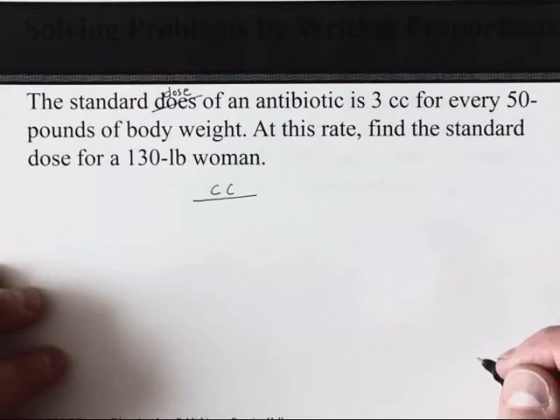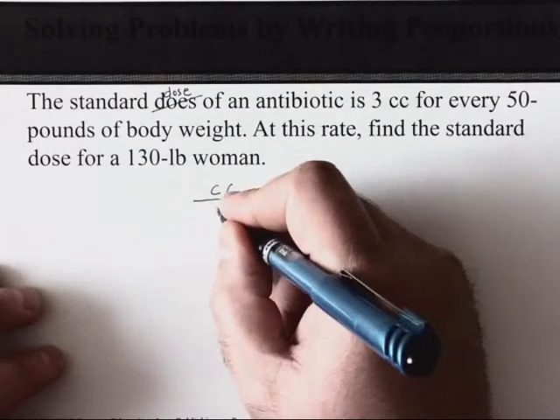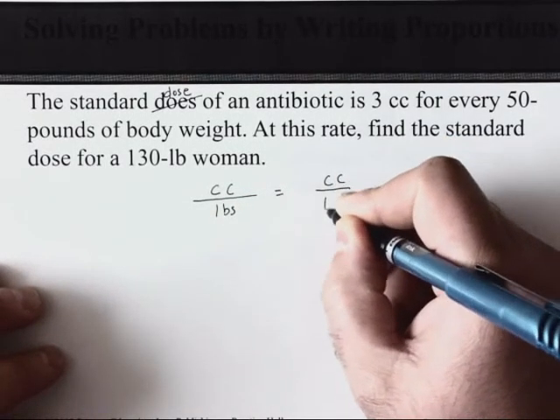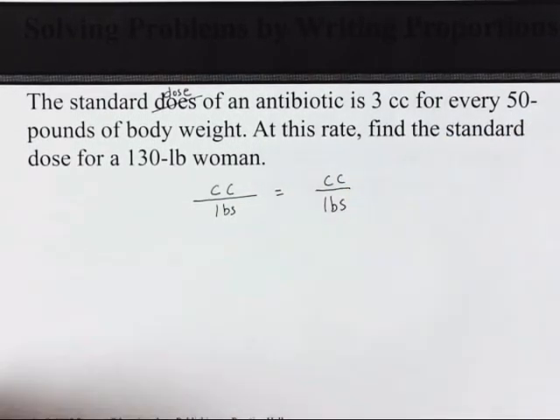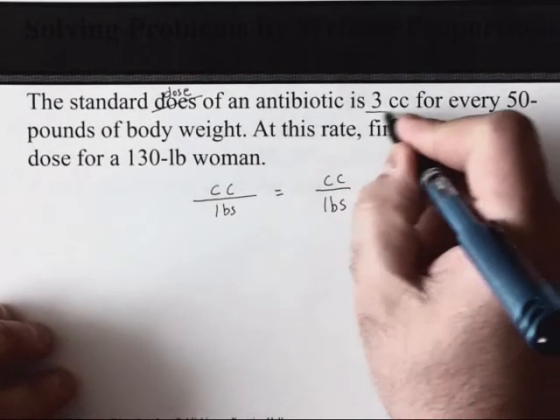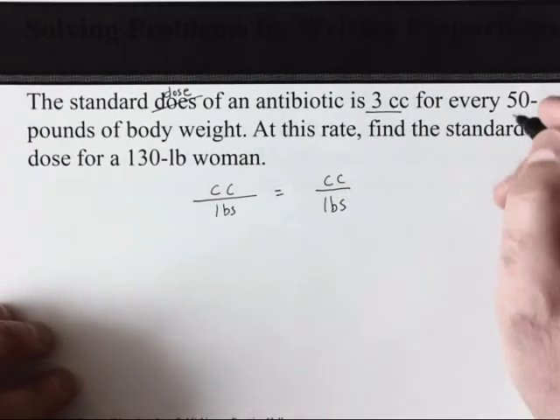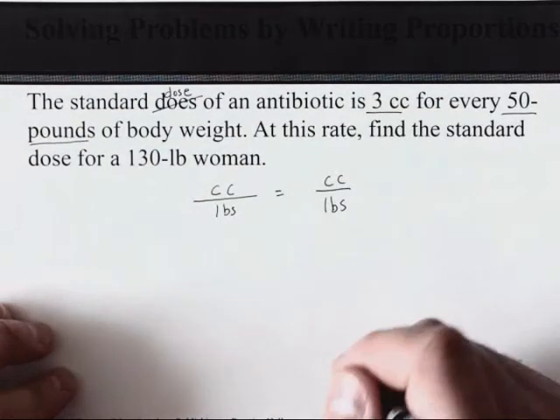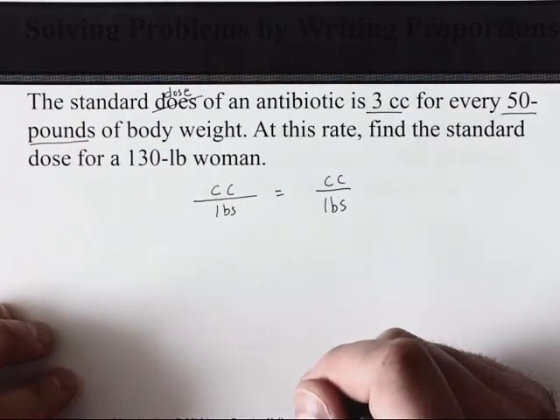So I'm going to put cubic centimeters of antibiotics as the numerator and then pounds as the denominator. I want to make sure that both sides are set up the same way. The first sentence tells me that someone who is 50 pounds should get 3 cc's of antibiotics. So that's one ratio.